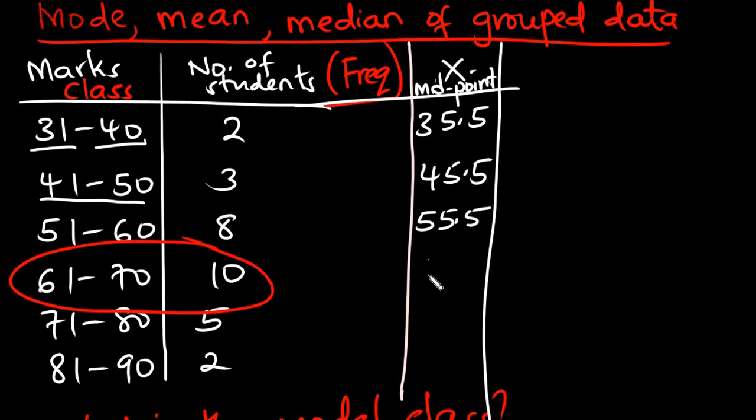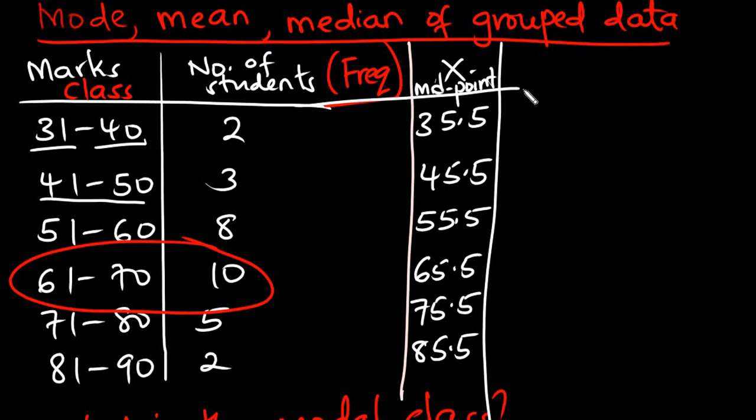The next one is 65.5, then 75.5, and finally 85.5. That's the value we are going to use as our estimate. So we are assuming that each of these two students in the class 31 to 40 scored 35.5. We are just making an assumption.